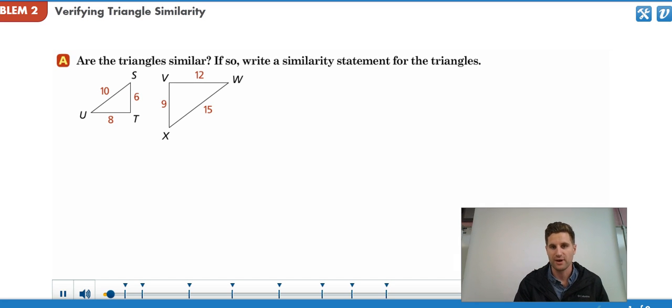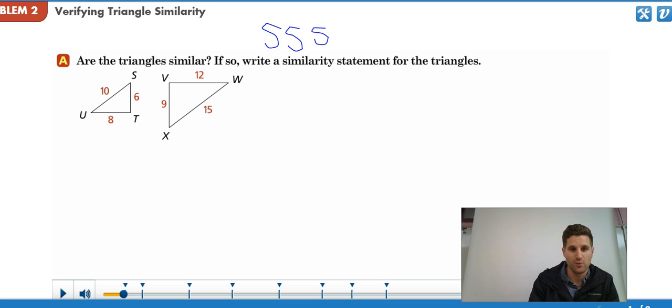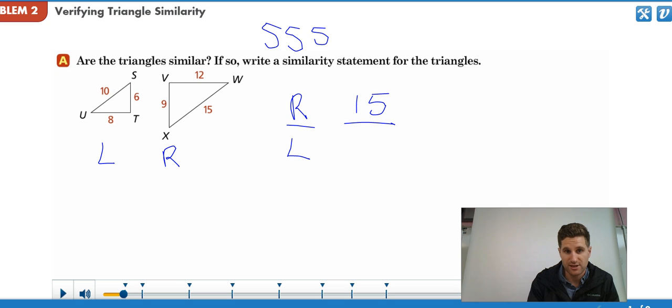Are the triangles similar? If so, write a similarity statement for the triangles. Well, I have no information about angles in this picture, so my only guess is that it might be side, side, side. In order to do this, I need to set up and make sure that these sides are proportionate to each other. Now, I don't know which side matches up with which, so what I'm going to do is take the largest sides down to the smallest sides. We have a left triangle and a right triangle, and I'm going to do right over left, and 15 is going to compare to its largest side, which is 10.